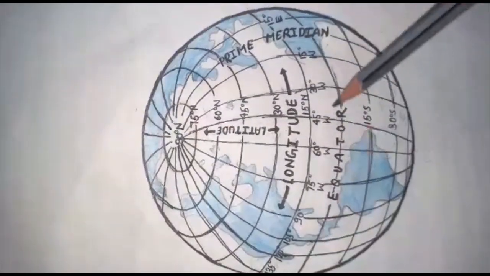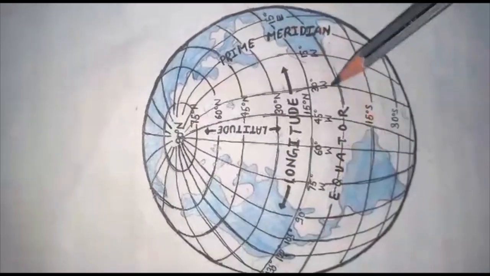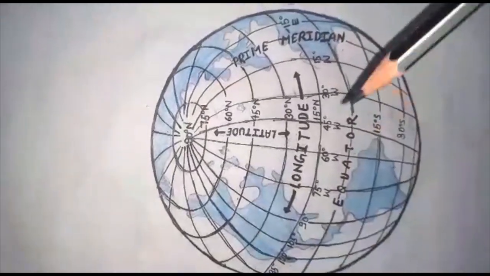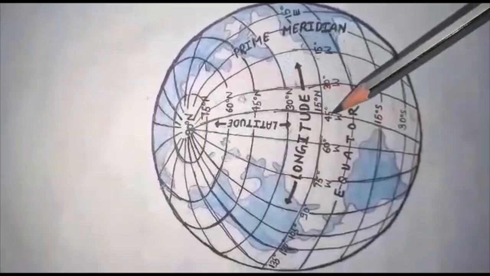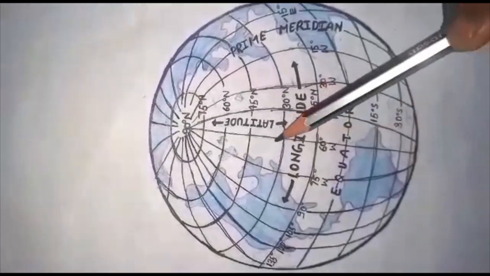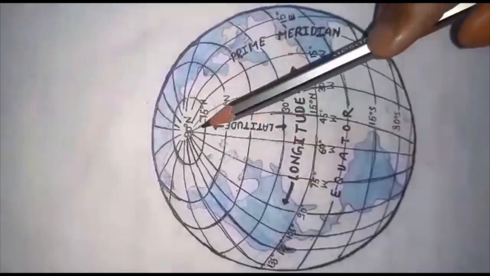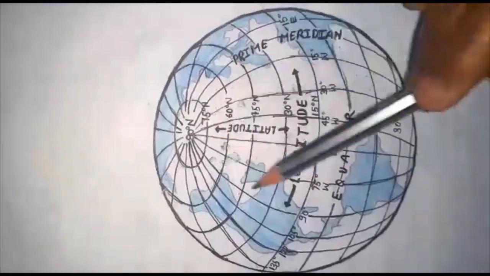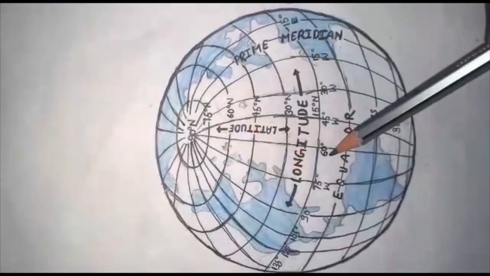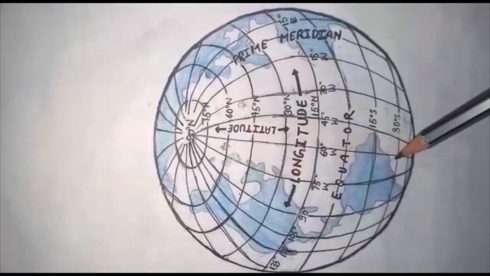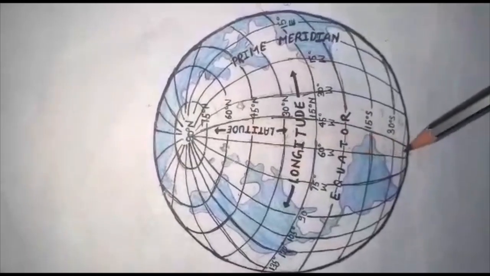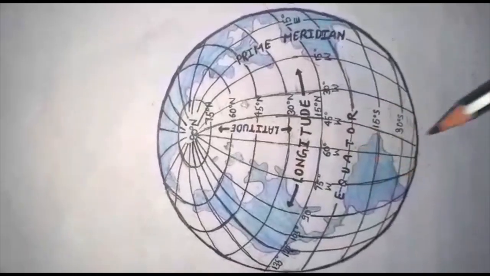The equator is the longest parallel. The part of the earth which lies north of the equator is called the northern hemisphere, and the part which lies to the south of the equator is called the southern hemisphere.